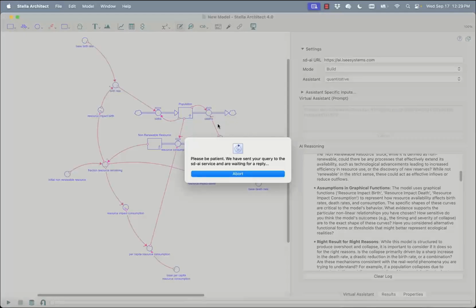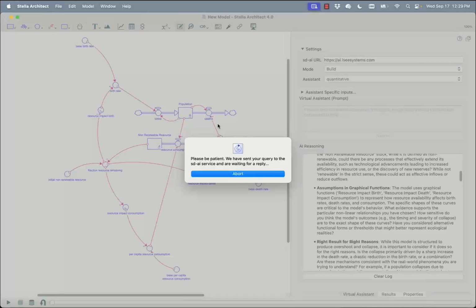We've now given it a very specific instruction about what we intend. And I expect that the system is going to fulfill that instruction. Likely, it's going to end up making a little graphical function that limits the resource consumption based on the amount of the non-renewable resource.